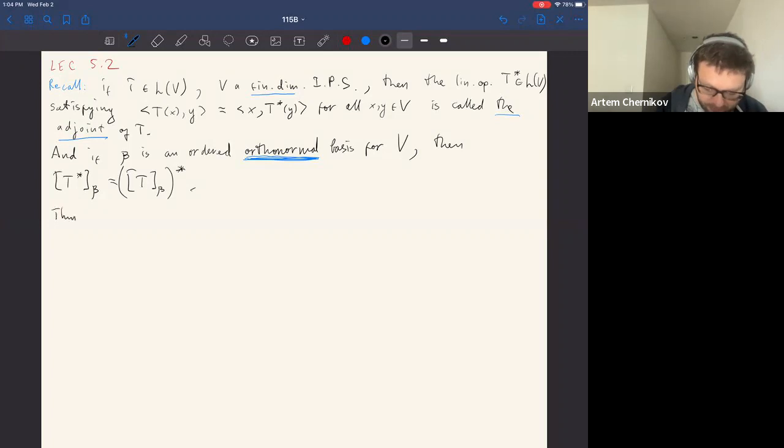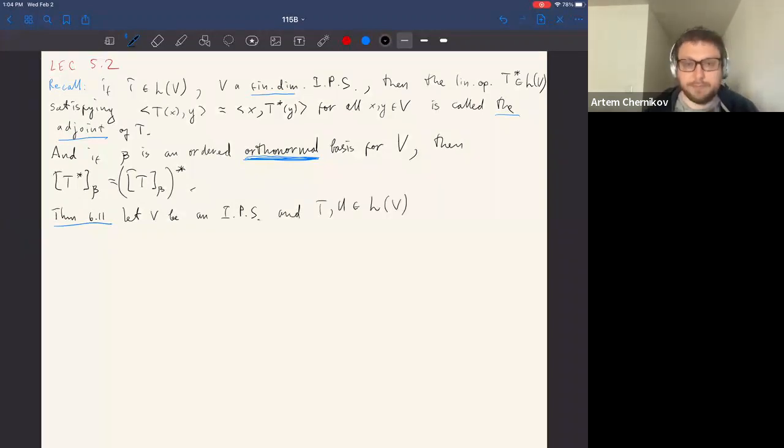So this is theorem 6.11 from 115A, which gives some of the basic properties of the adjoint operator. So let V be an inner product space, and assume that T and U are two linear operators on V. Then we have the following properties.